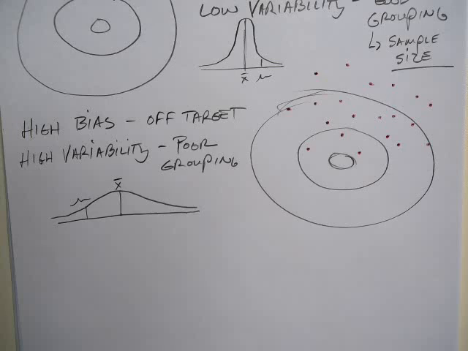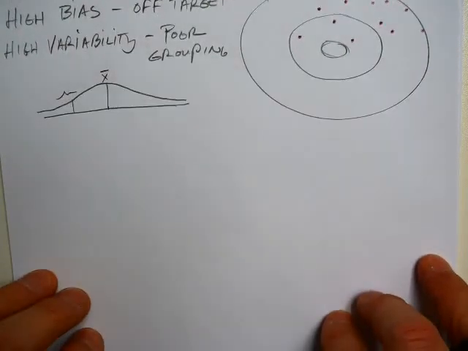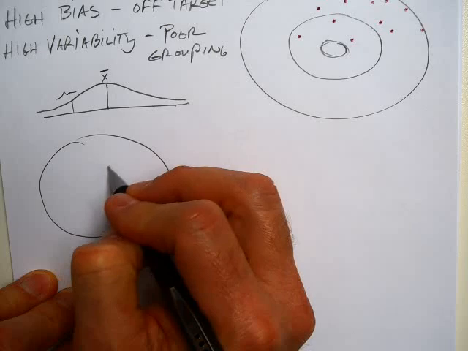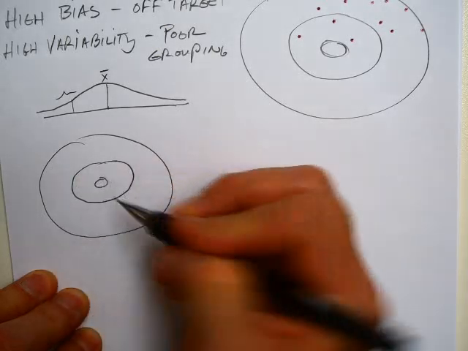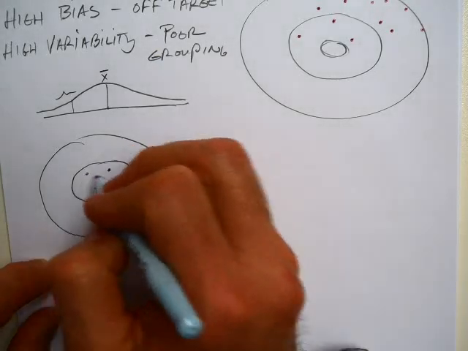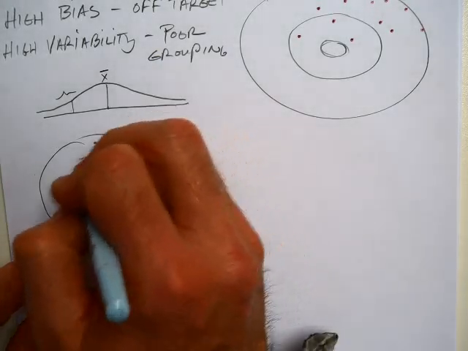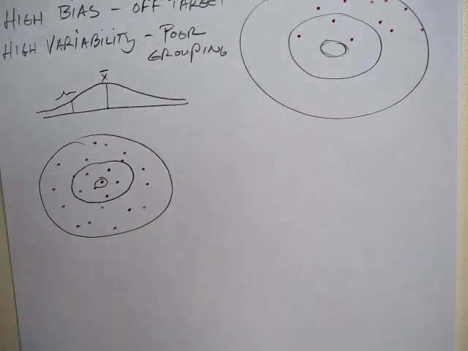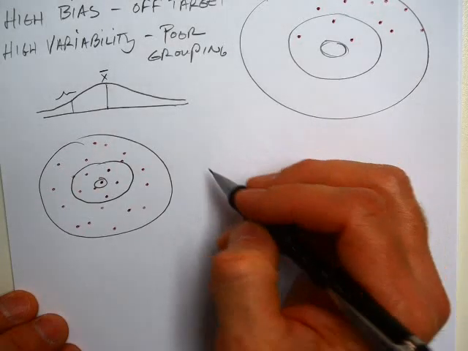Make sense? All right. A couple more things here. What if I have a target that looks like this? I'm going to draw them a little smaller now because I'm running out of space on my page. What if I do this? Here's my target. I've hit the target. I even hit the center, and I'm close to the center. How's my bias?